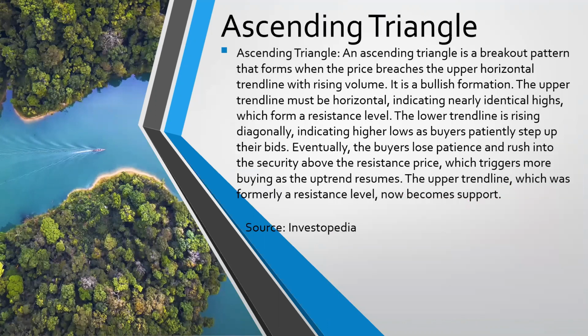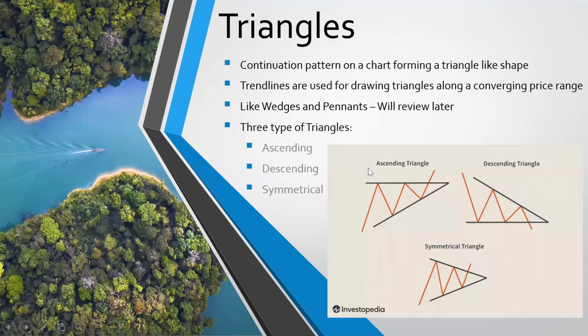Investopedia has this definition for an ascending triangle. It's a breakout pattern that forms when the price breaches the upper horizontal trend line with rising volume. You see this upper horizontal line is forming a kind of resistance here.